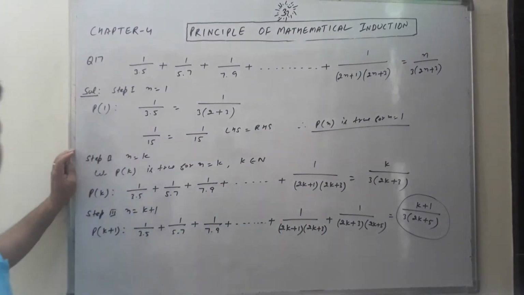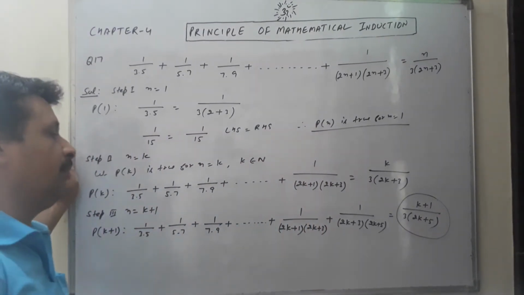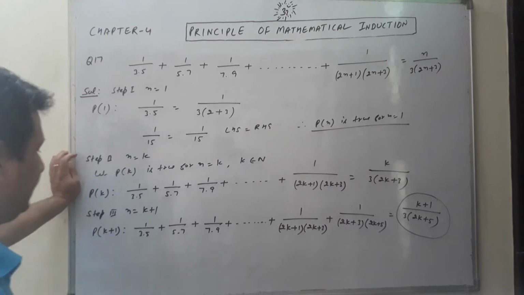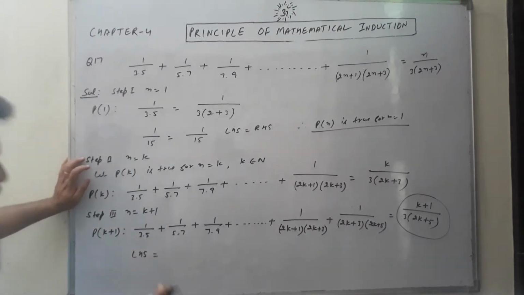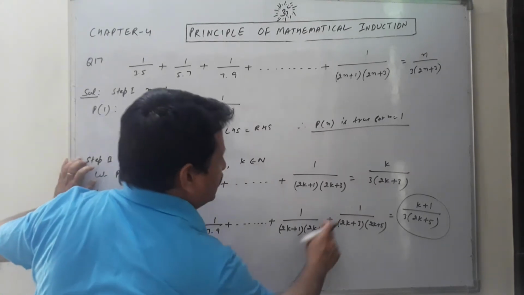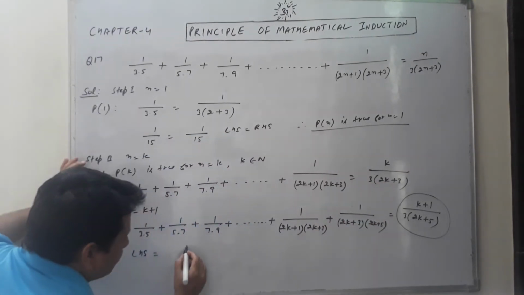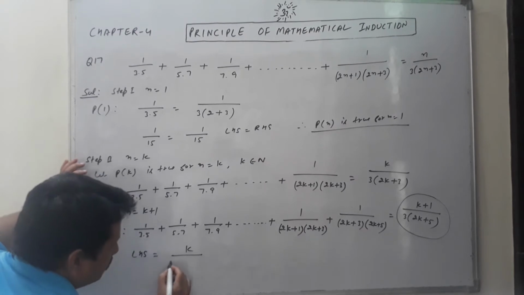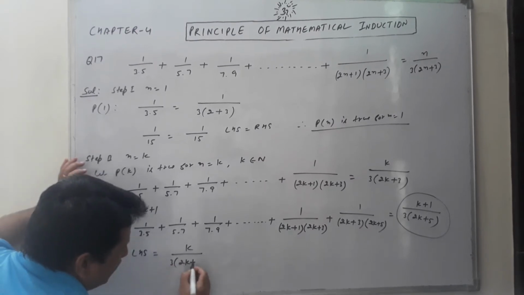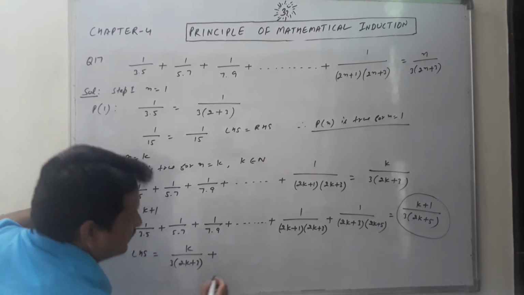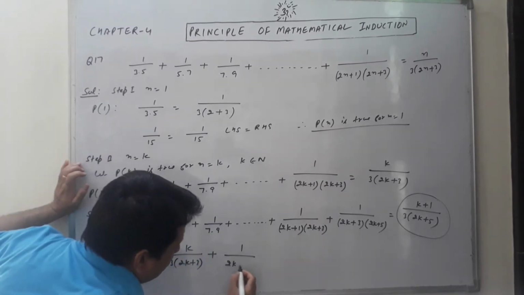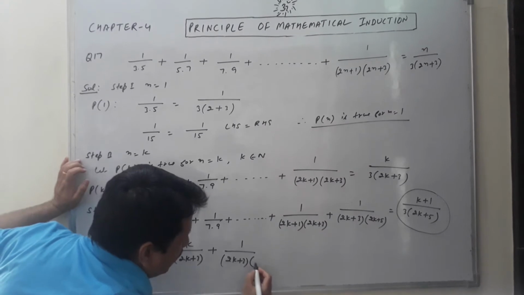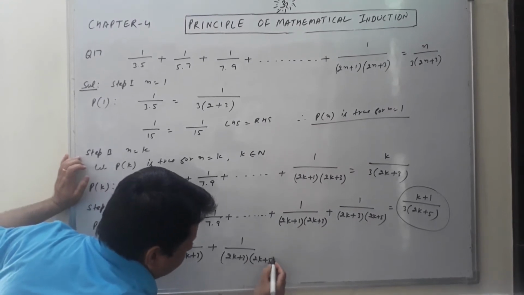While solving the left hand side now, students, we have to prove it as equal to the right hand side. So let us come with the left hand side. Up to here we will use step number 2. The value is k upon 3 into (2k plus 3) plus 1 over (2k plus 3) into (2k plus 5).